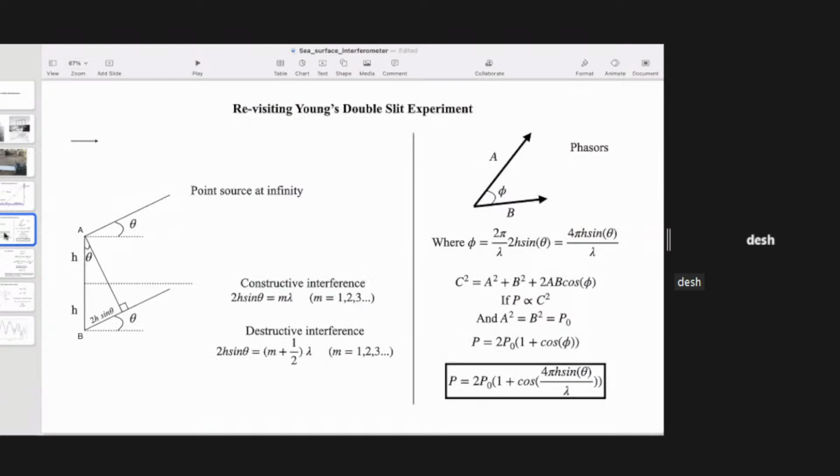One could actually use that as a measure of sizes of those stars. This is how the early measurements of star sizes was done. And the person who employed that was Hanbury Brown.